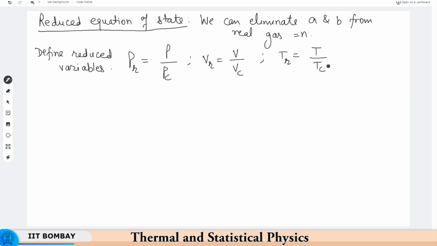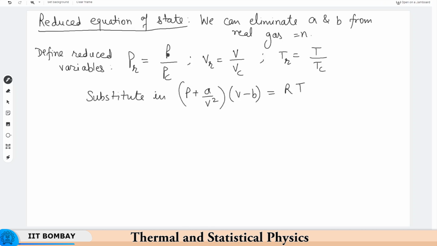Okay, and what we'll do is substitute these values in the real gas equation, right? So basically substitute in the equation (P plus A divided by V squared) times (V minus B) equals RT.